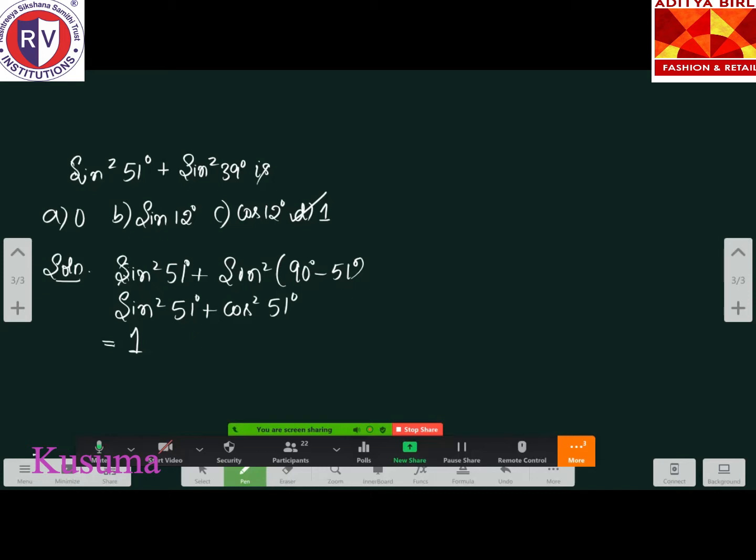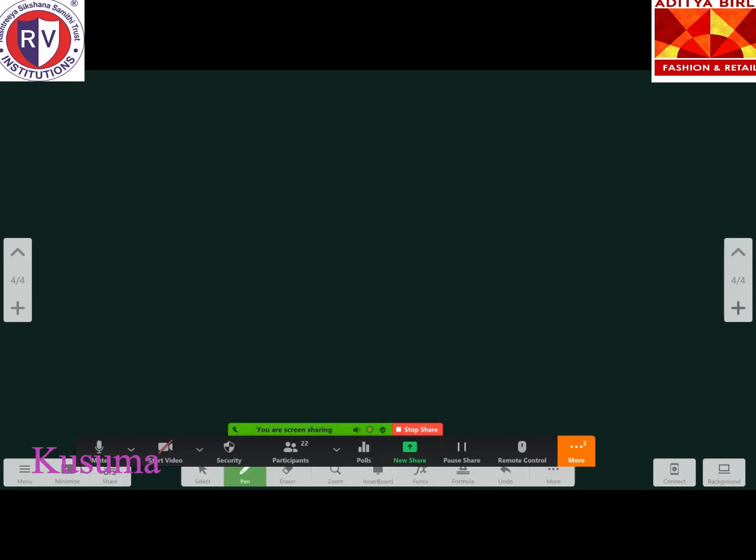Look at the next question. Question number 80. So this was also a question in your previous paper, that is 2020 paper. That is, tan A plus cot A is equal to 2. If tan A plus cot A is equal to 2, then the value of tan to the power of 4A plus cot to the power of 4A is equal to.